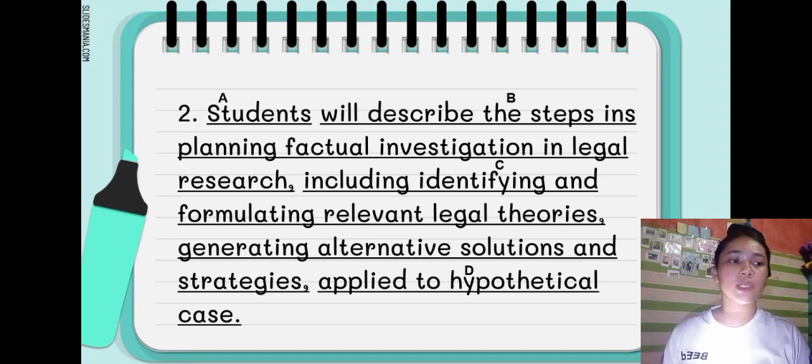Then we'll describe the steps in planning factual investigation in legal research is our behavior. And next, our condition here is including identifying and formulating relevant legal theories, generating alternative solutions and strategies. And lastly, our degree here is applied to hypothetical case.